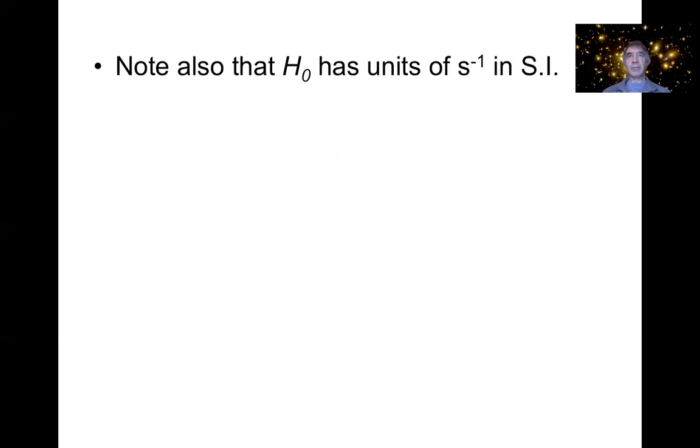It's in units of kilometers per second per megaparsec. But kilometers and megaparsecs are both units of length, and so they cancel out. So H naught, if you expressed it in SI units, would have units of just per second. Therefore, 1 over H naught has units of seconds, or time.